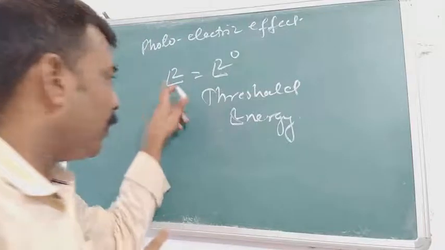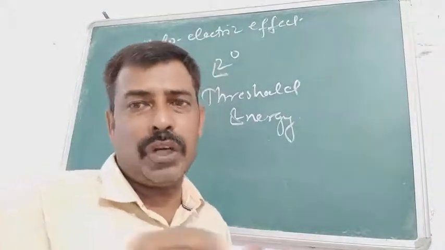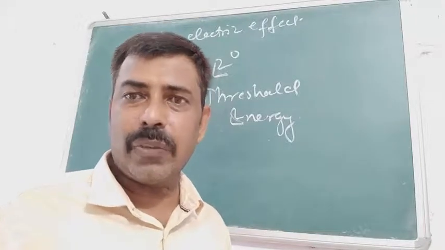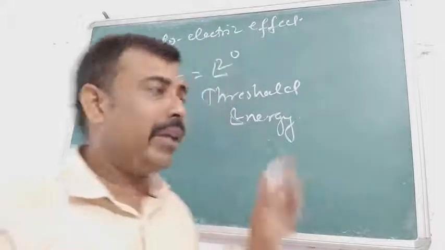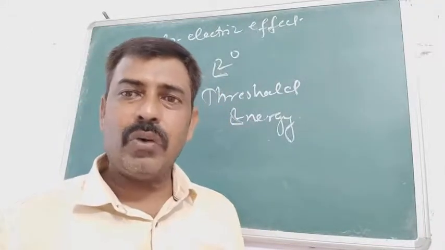But if the value of E, that is the striking light, is lesser than the needed amount for the removal of electron, then no removal of electron will take place. But in the case when E is greater than E naught, then what about the remaining energy?